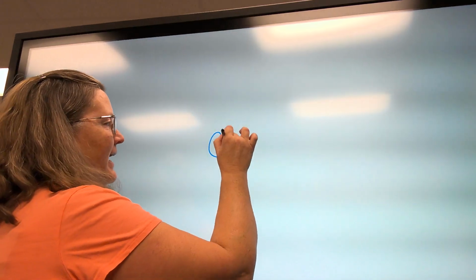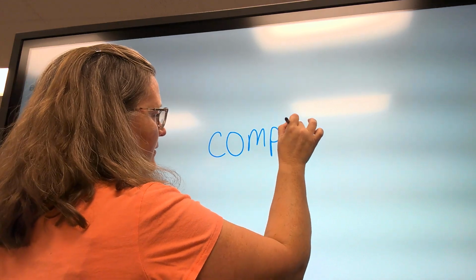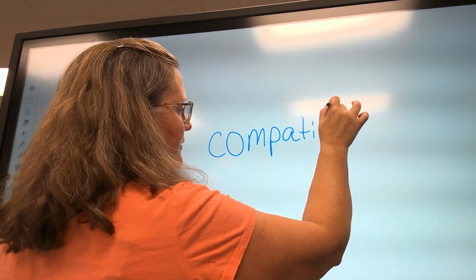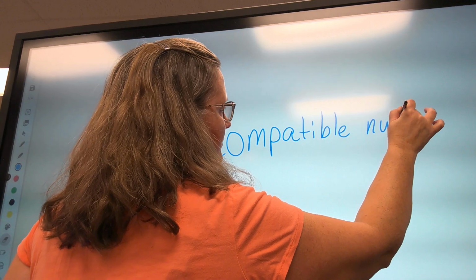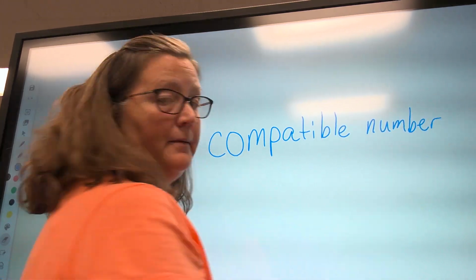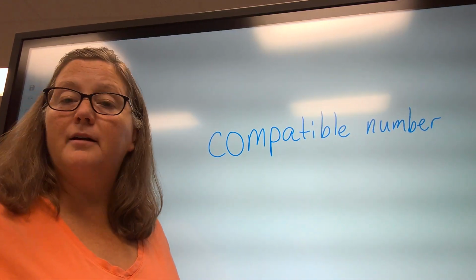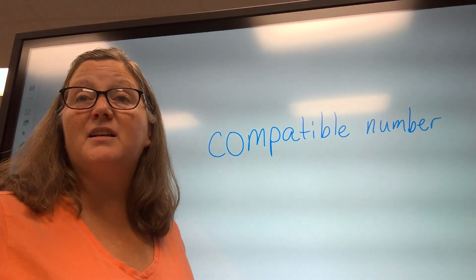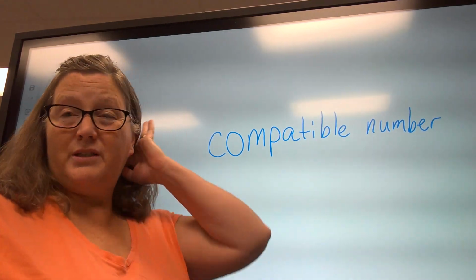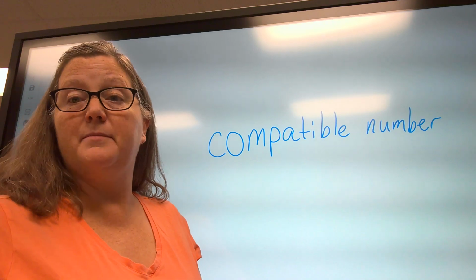No. Nope. Sometimes we might want to round to what we call a compatible number. Compatible numbers are 25 cents, because a lot of times when we're talking money, we talk in quarters rather than pennies, dimes, and nickels.